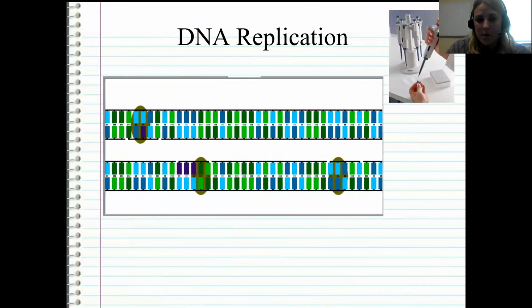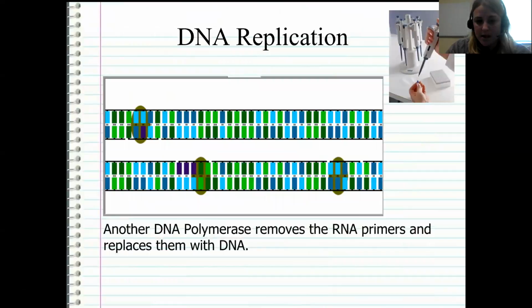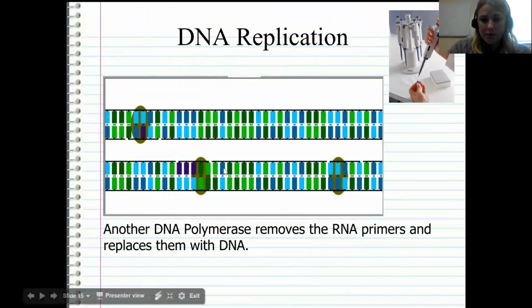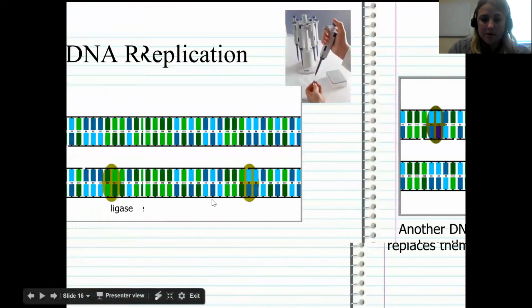We have to go back and join them together. But before we do that, DNA polymerase is going to remove those primers, because this is DNA, not RNA, and replace them with DNA.